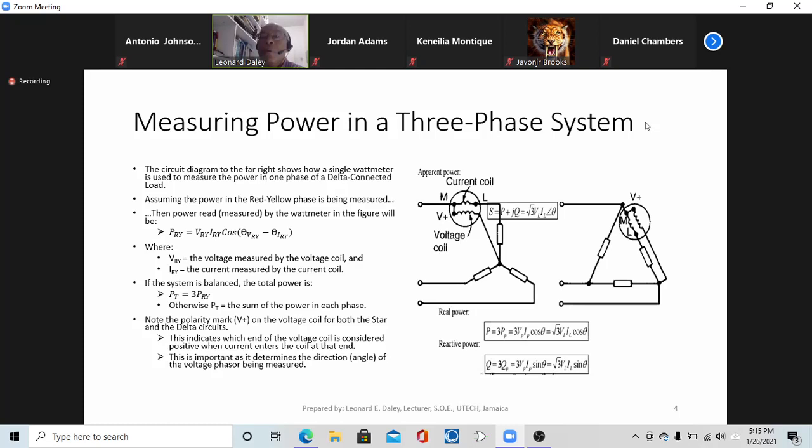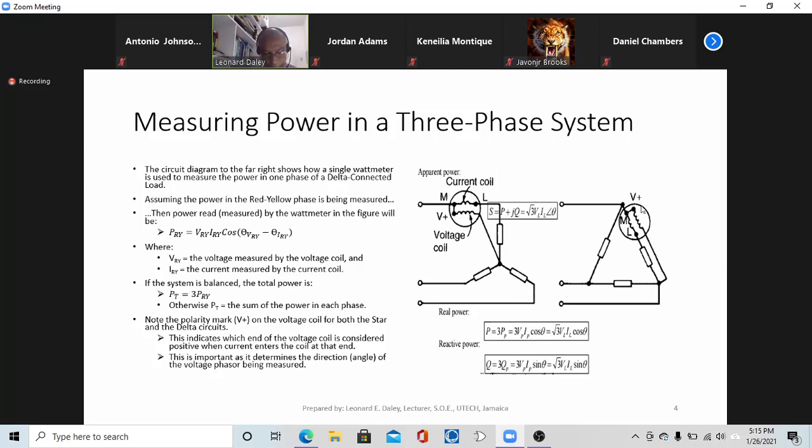the polarity marks indicated in this case by a plus V shows you the end of the coil that is positive with respect to the other end, right? And that positive or polarity mark, which can be a dot also.